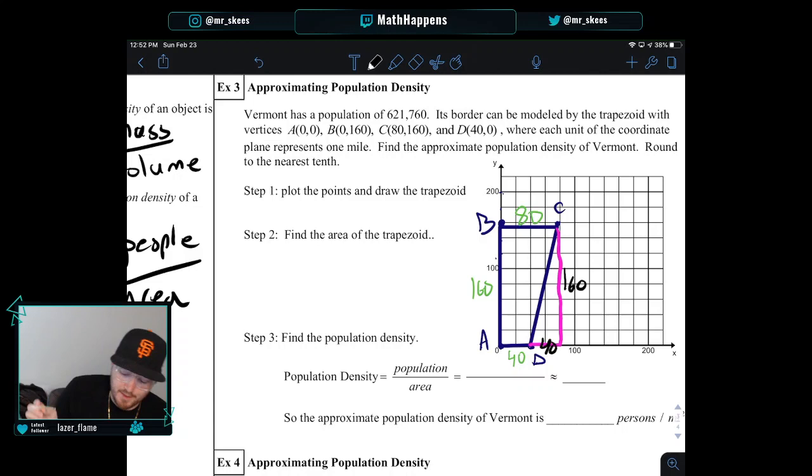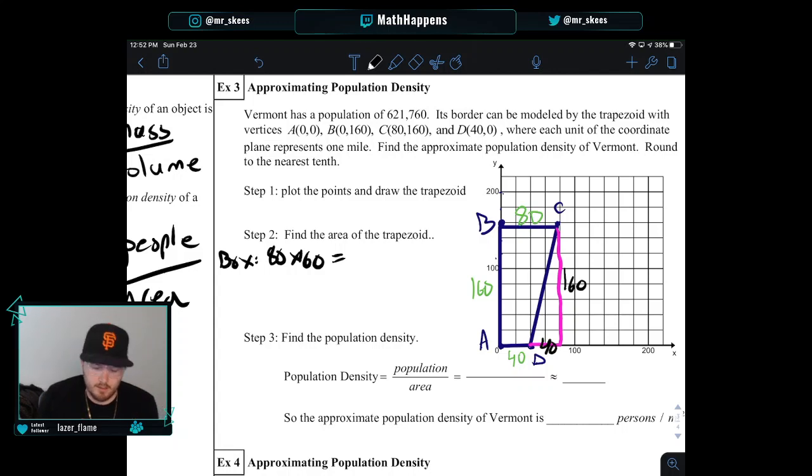So find the area. Well, the area of the box is 80 by 160, right? B to C is 80 across the top, and B to A is 160 down the side. So there's our big old box. It's 80 by 160, which is 12,800.